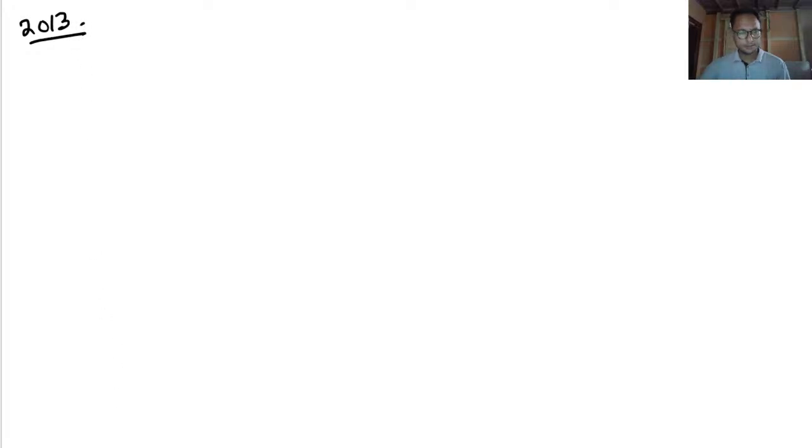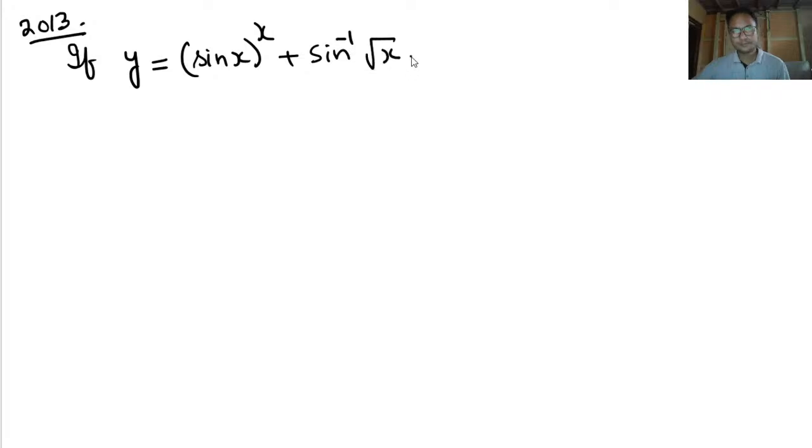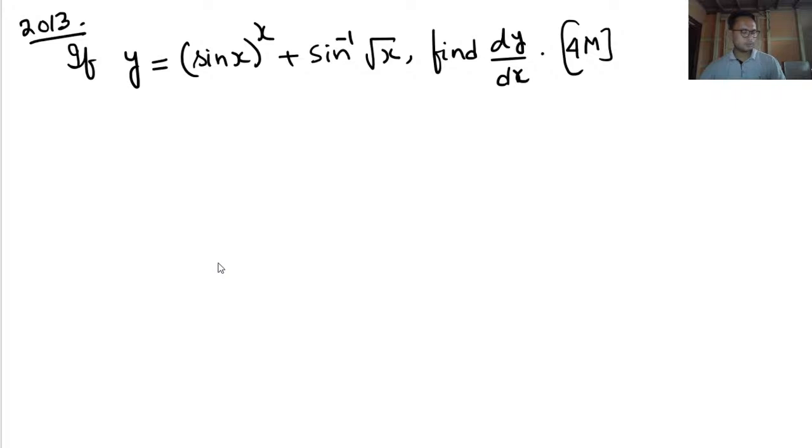Okay, you can see here, given that if y equal to sin x to the power x plus, so you have to find dy by dx, and the mark allotted is 4 marks. Okay, so let's try to solve this.